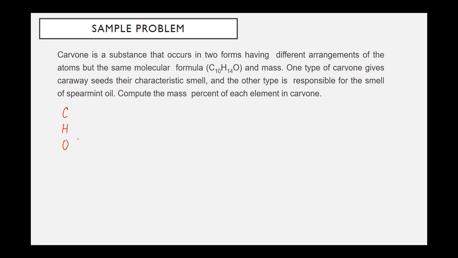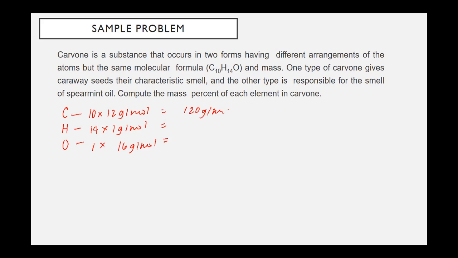So here, we have 10 carbon still, 12 grams per mole, 14 times 1 grams per mole. Oxygen natin, 1 times 16 grams per mole.